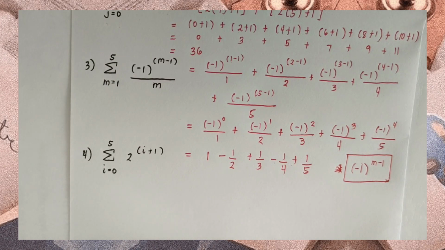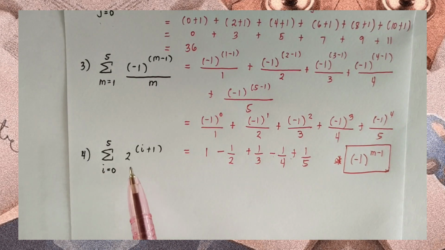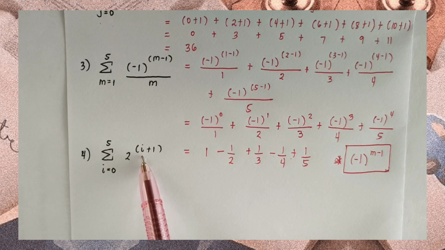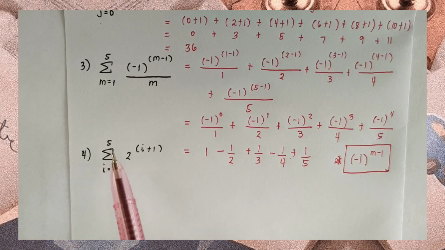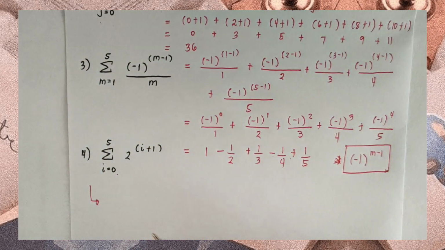Okay. Now let's proceed with example number 4. Let us read first the given notation before we expand. Number 4 is read as, the summation of 2 raised to i plus 1 from i equals 0 to 5. So the i variable here will be changed from 0 up to 5. So let me put my solution here.